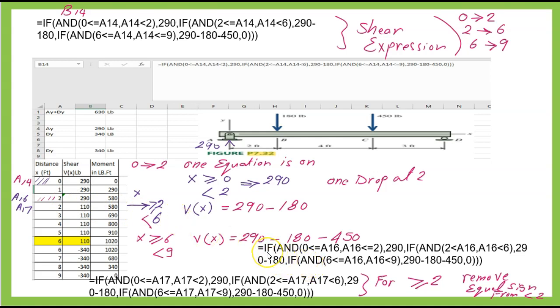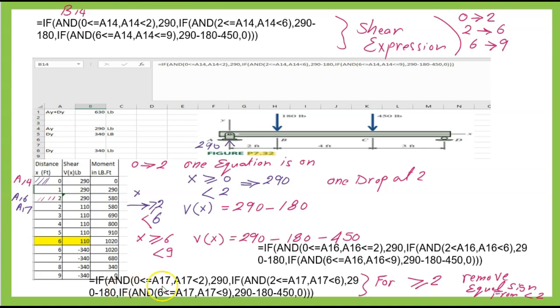We use cell A16 in the statement as follows: IF(AND(A16>=0, A16<=2), 290, IF(AND(A16>2, A16<6), 290-180, IF(AND(A16>=6, A16<9), 290-180-450, 0))), and we have 3 brackets.